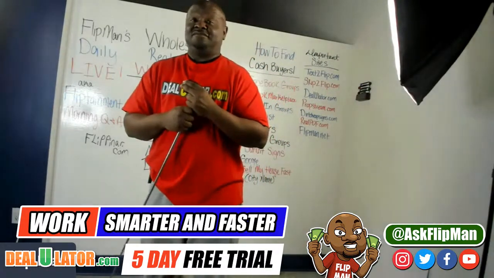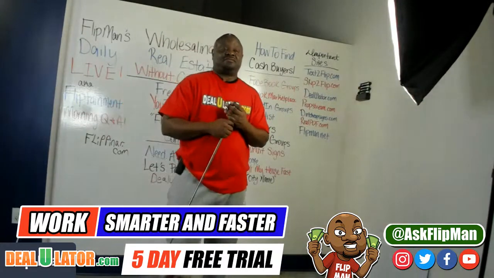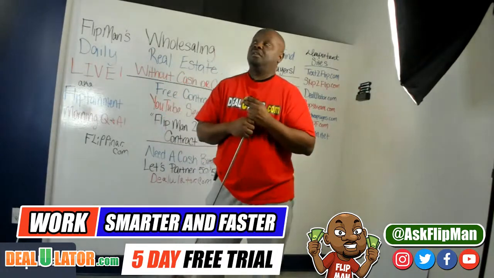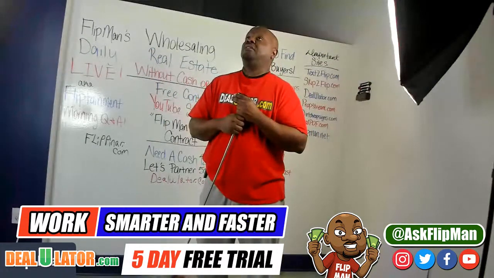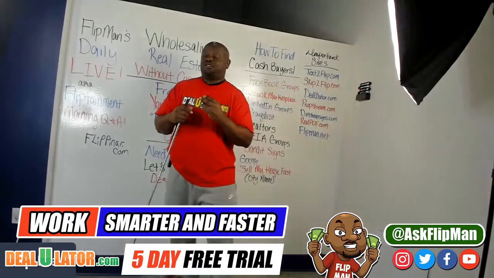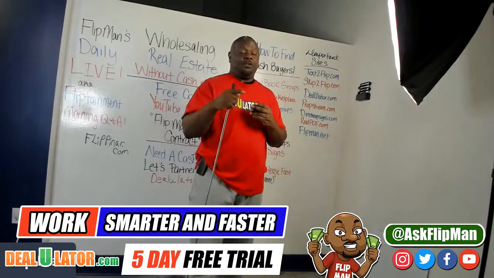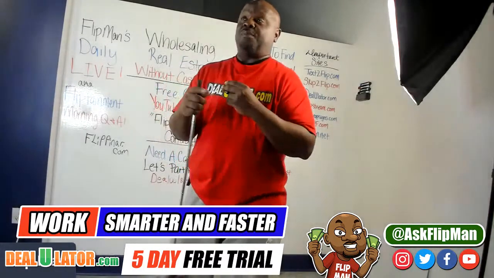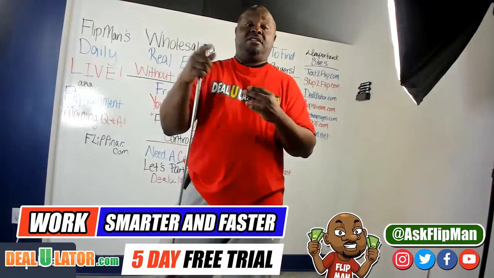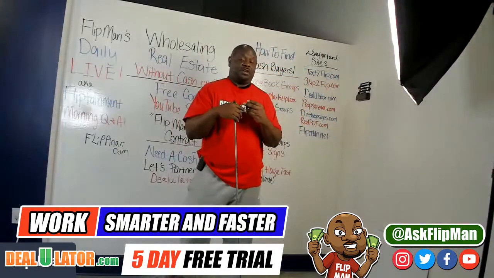So Mayor Morrison on Instagram said, I have an off-market subject to property in Fayetteville, North Carolina. How can they present it to you? Mayor Morrison said he has an off-market subject to property in North Carolina that he wants to partner with us on.